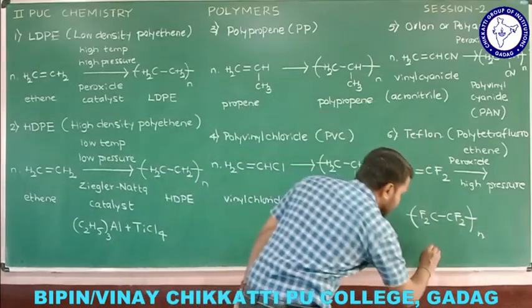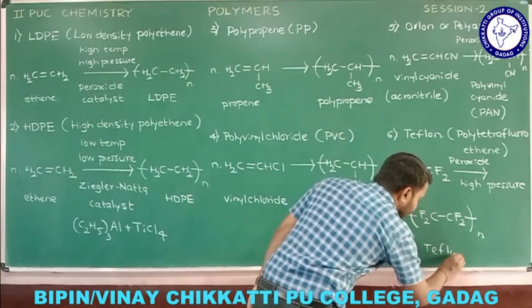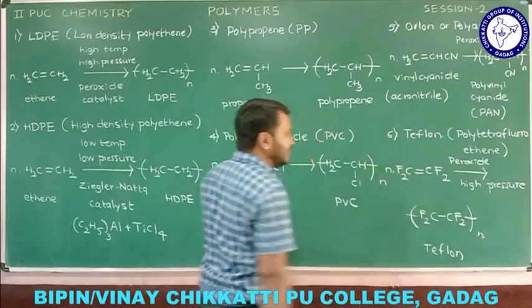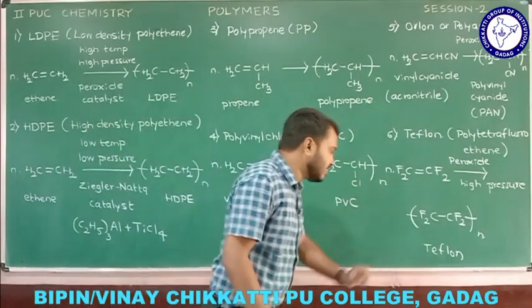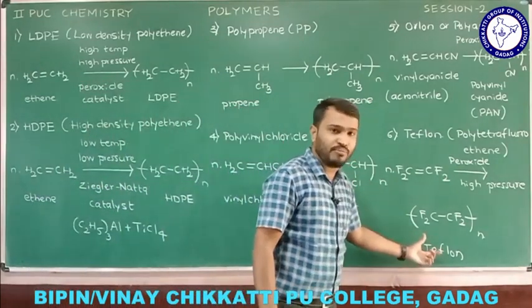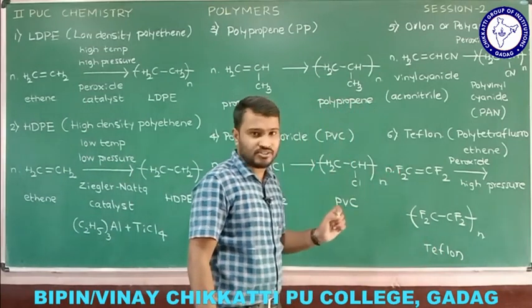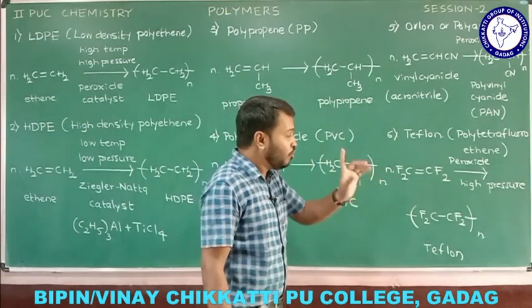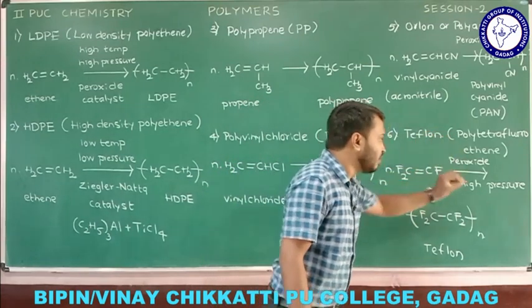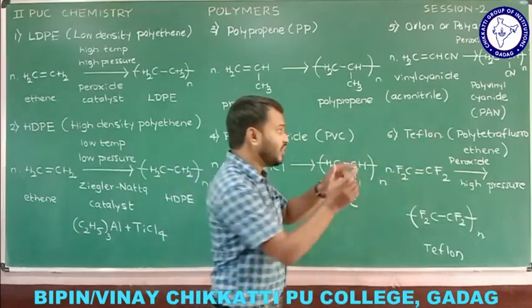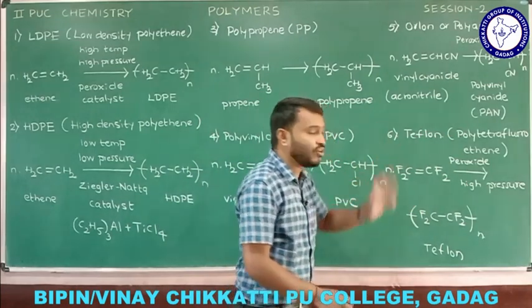This we call Teflon, and this is made from tetrafluoroethene. How are we supposed to write the statement? Teflon is formed by addition polymerization, or particularly homopolymerization, of tetrafluoroethene in presence of peroxide at high pressure, and that is how we are supposed to write the statement for Teflon.